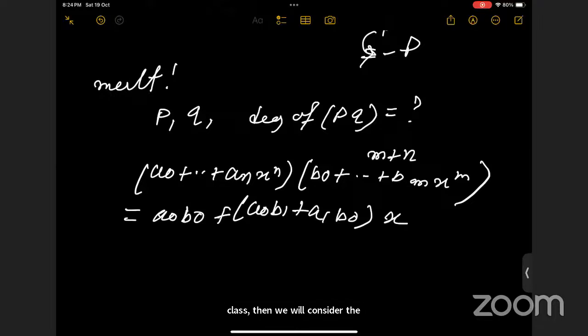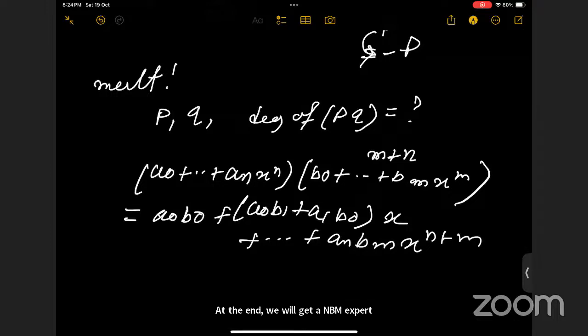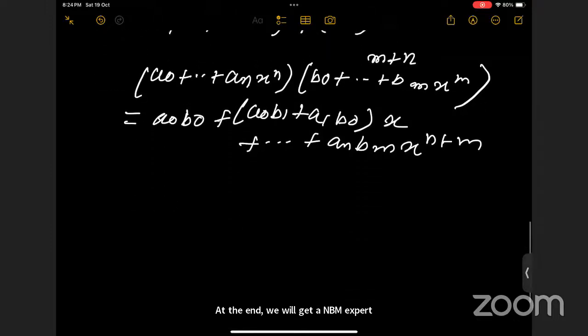In this way we will get all the terms. At the end, we will get a_n b_m x^(n+m). If we want to express it in a general form, something short, how can we express it?